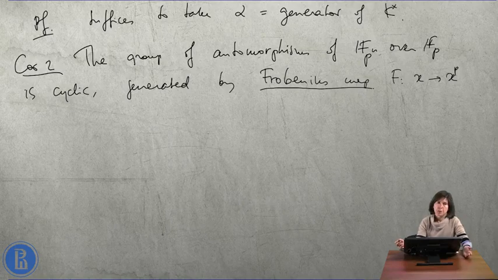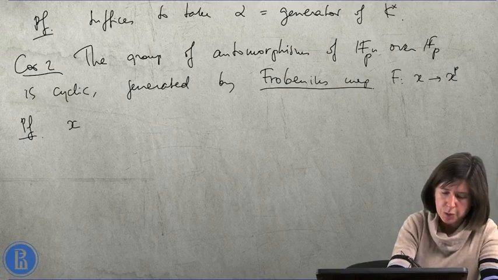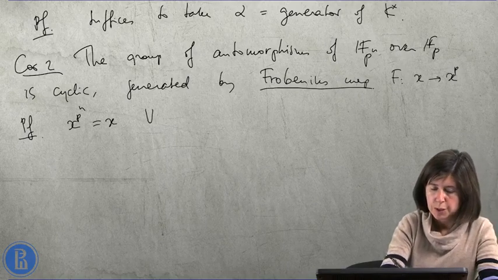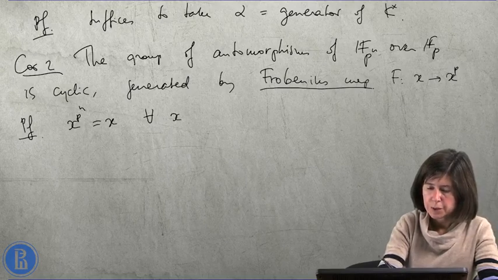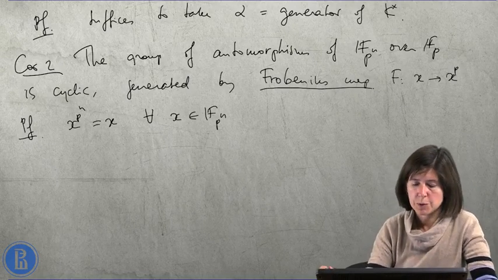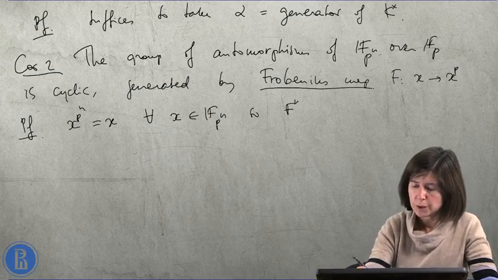As we have already remarked, this is a field automorphism. Well, let me prove this. Of course, x to the power p to the power n is x for any x in F_p to the power n. This we have already seen several times. So Frobenius to the power n is the identity.